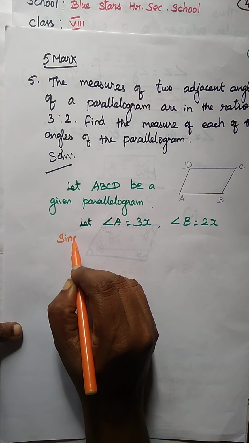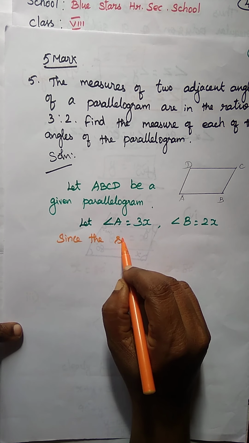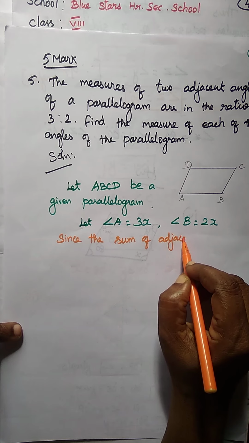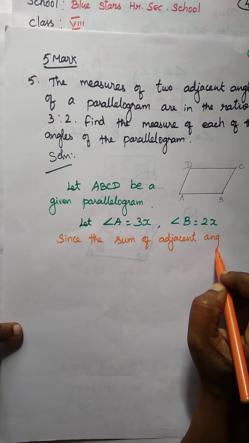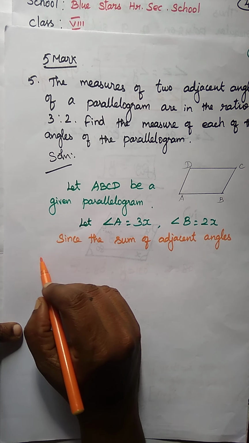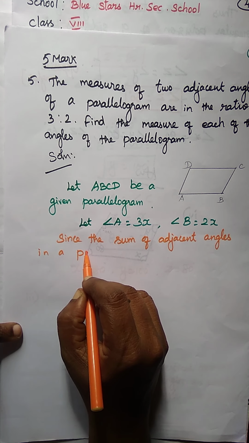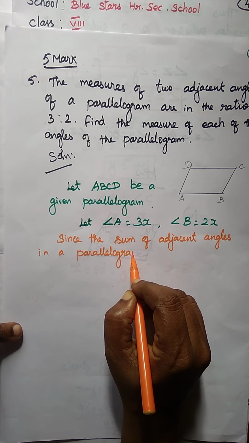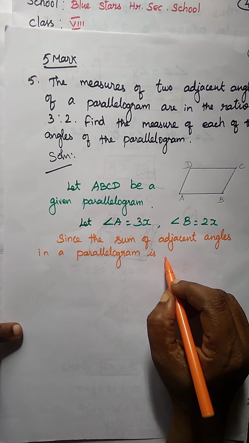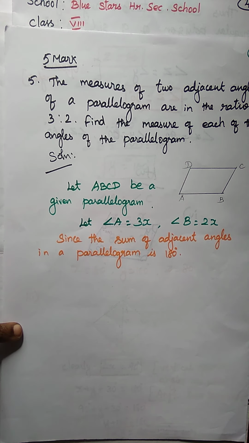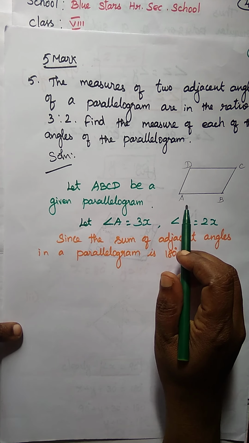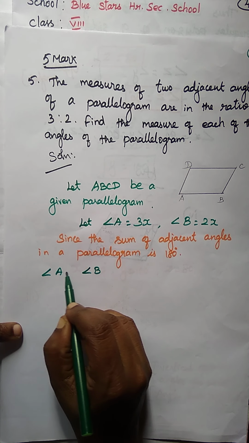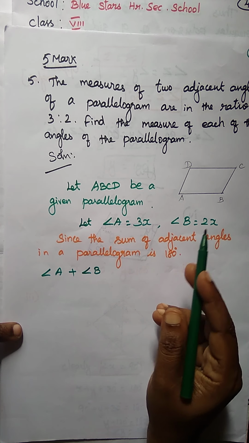Since the sum of adjacent angles in a parallelogram is 180 degree. Using that, angle A plus angle B is equal to what? 180 degree.